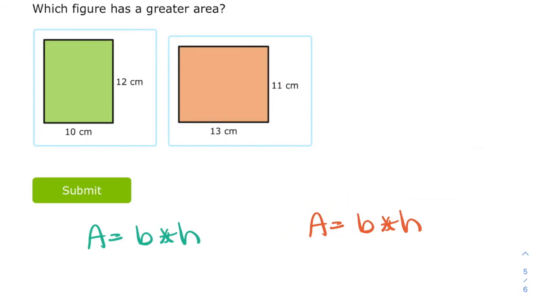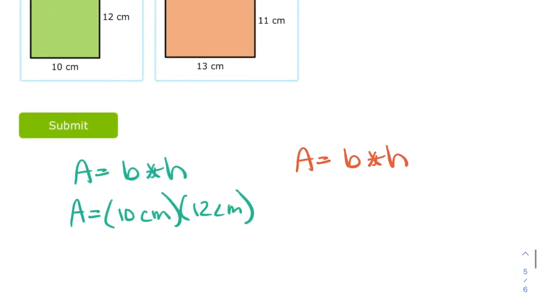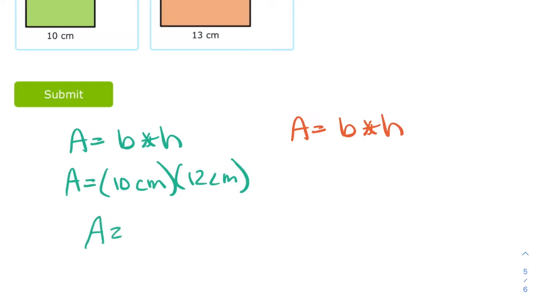Okay, so area equals 10 centimeters times 12 centimeters, because we're just multiplying. So area here equals 120 centimeters squared, because 12 times 10 is 120 and centimeters times centimeters is centimeters squared.